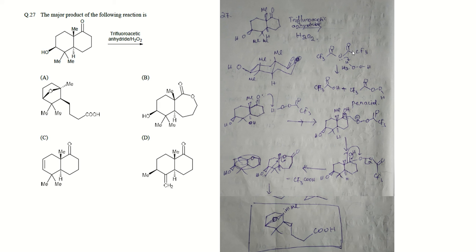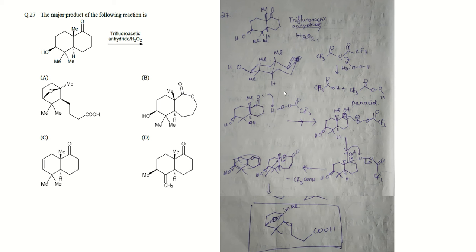When trifluoroacetic acid is treated with hydrogen peroxide, it will form this peracid, and then this peracid attacks the ketone.